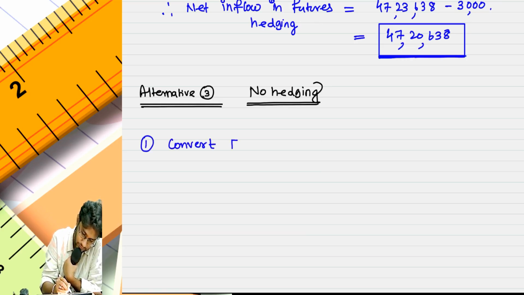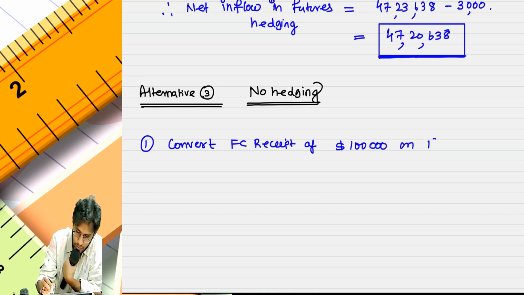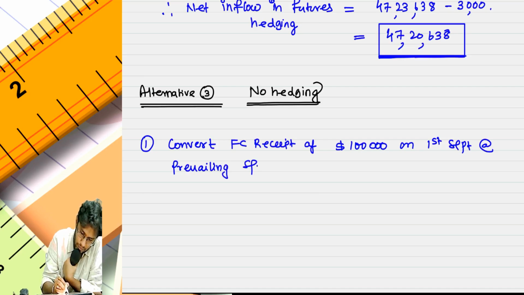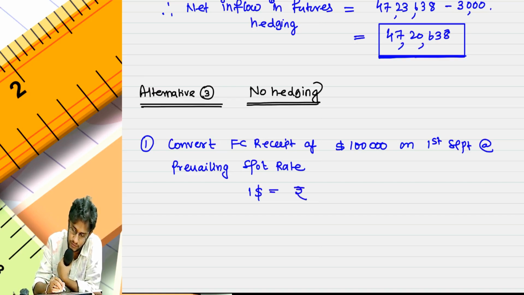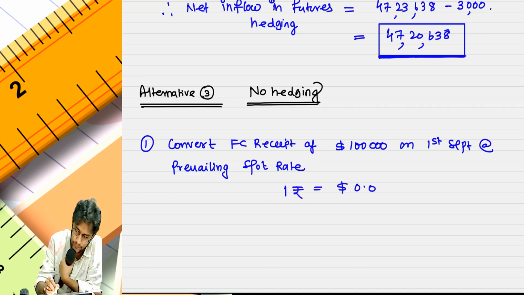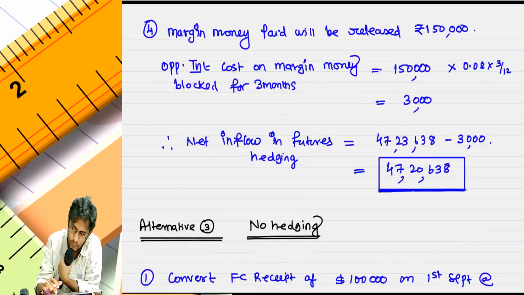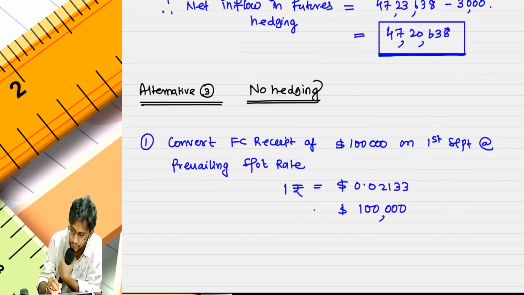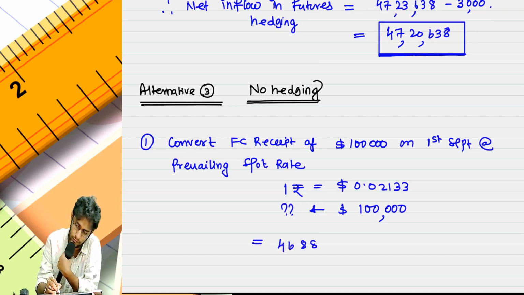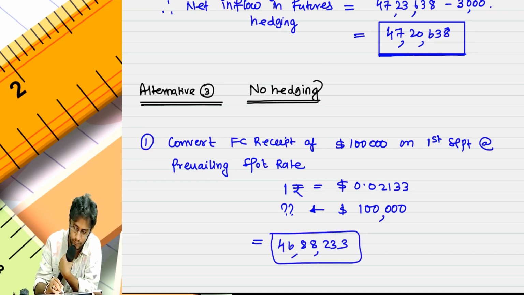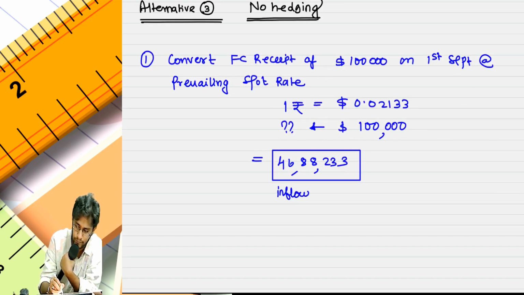Just convert at spot rate. $230. So write the conclusion, sir. Sum is over.